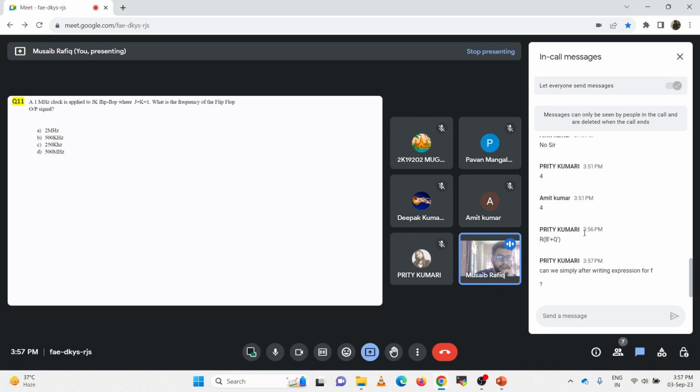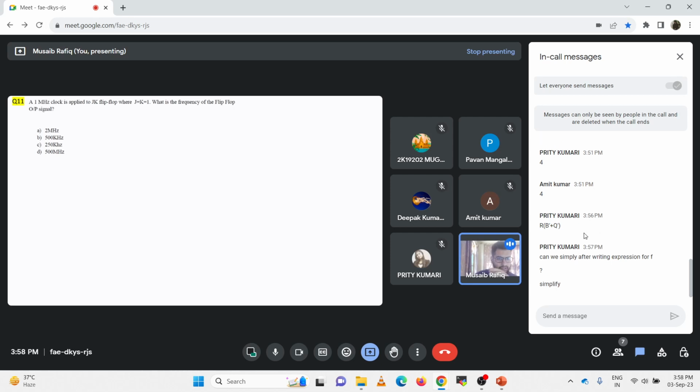Can we simplify after writing the expression? Yeah, you can simplify. But in PLA, we usually write this. Yeah, I got your point. You can simplify, but this was a theoretical question. When you have MCQs, based on the options, you have to take a look at the options and solve it. You can solve it for your own practice. But for PLA, you keep it in min terms, maybe.